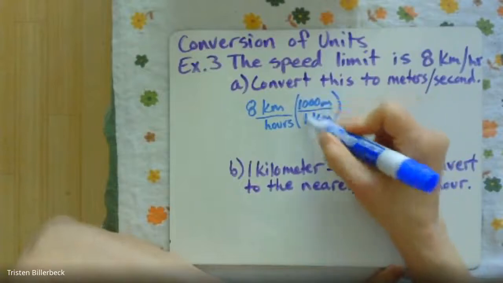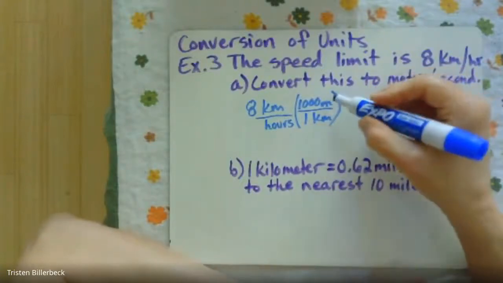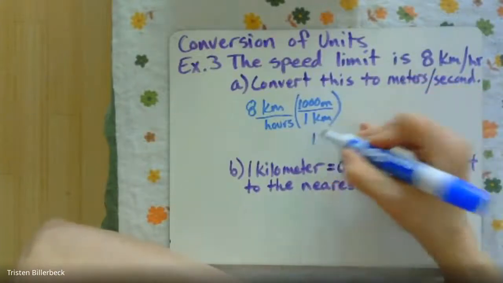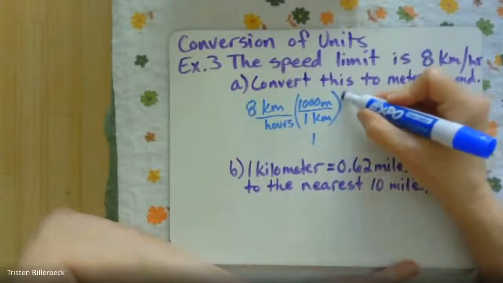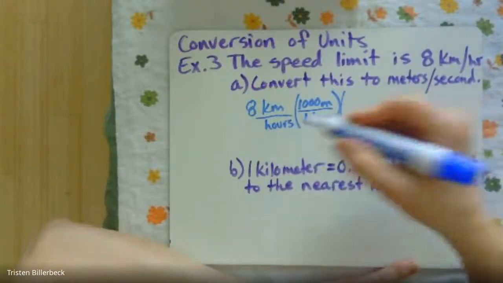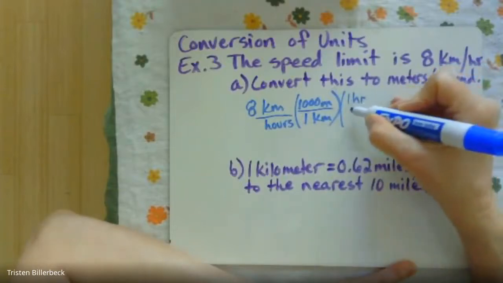So that is just a conversion. That's the same thing. 1,000 meters equals 1 kilometer. So that is a 1 right here. Okay, so it's the same thing. Now, how many seconds are in an hour?